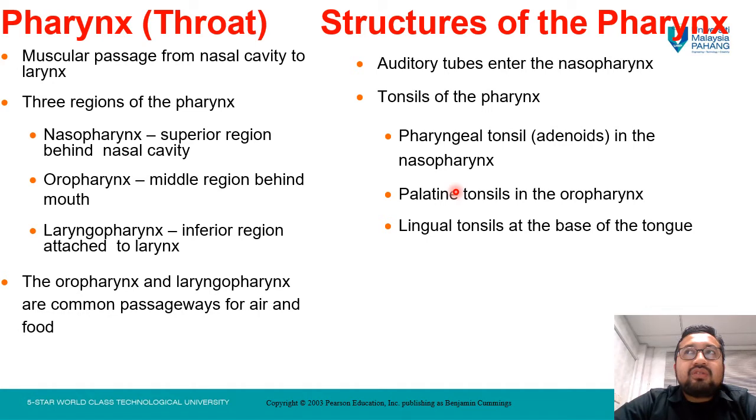So that's why when someone get fever, common cold or any infection, it will also get what we call a tonsillitis.